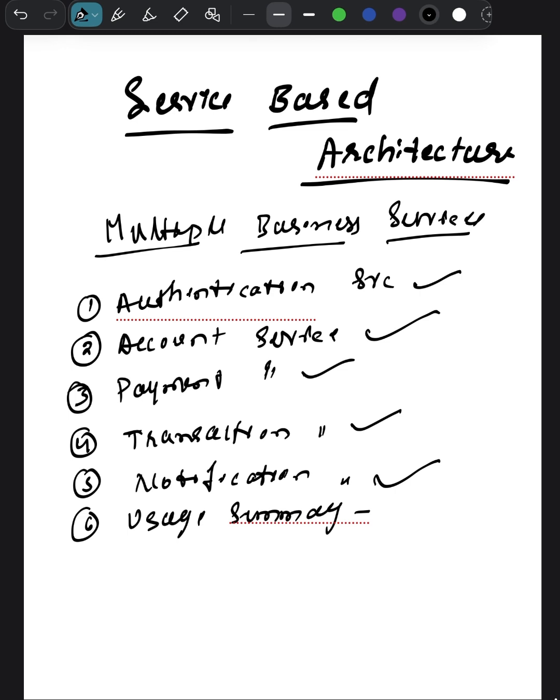Now, service-based architecture also adds communication overhead, right? We just have seen that if authentication has to call accounts, there is an API. Same for other services too. Any communication has to go through API. That increases the communication overhead.